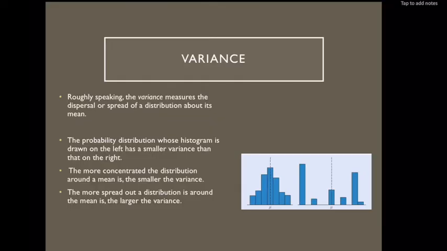Variance is one way we can talk about the spread of a distribution around its mean. Here I have drawn two probability distributions. The one on the left is more concentrated around the mean, right? We would call this a symmetric curve. And the one on the right is more spread out, so there's more variation in how the data values surround the mean.